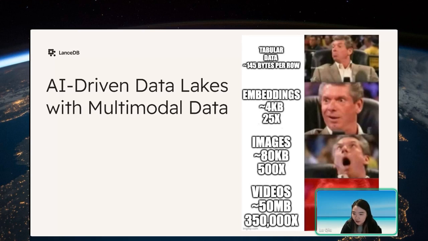But when AI comes in, we have much larger data for a single cell. We try to get more information from the original data, so we create numerical representations of the original data, called vectors or embeddings. A single vector or embedding is easily around 4 kilobytes. It's 25 times bigger than the original tabular data.